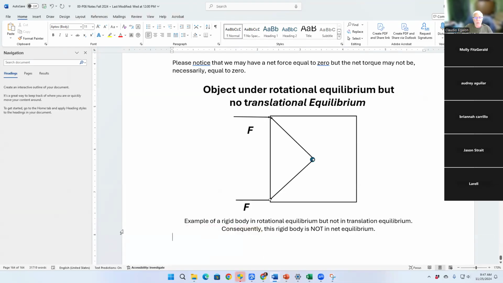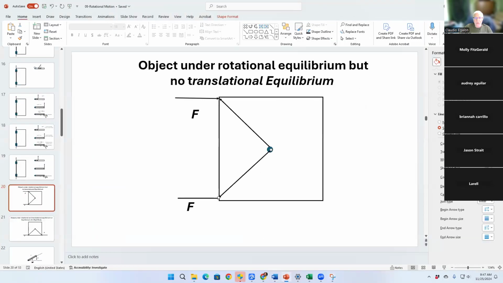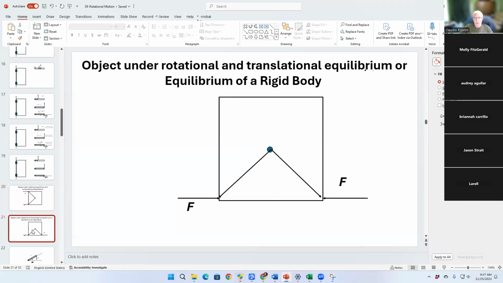And that is the other situation. Net force equal to 0. And net torque is equal to 0 in this case. In this case, this force is producing a counterclockwise torque, and this other force is producing a clockwise torque.